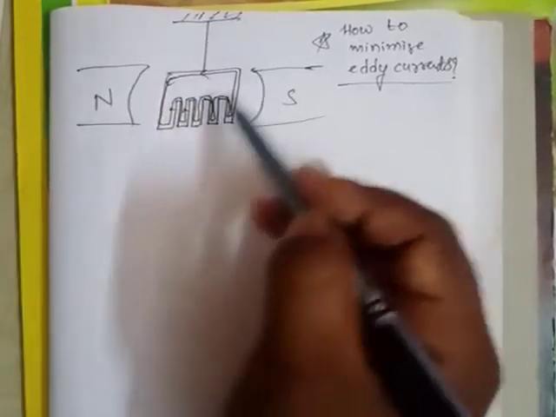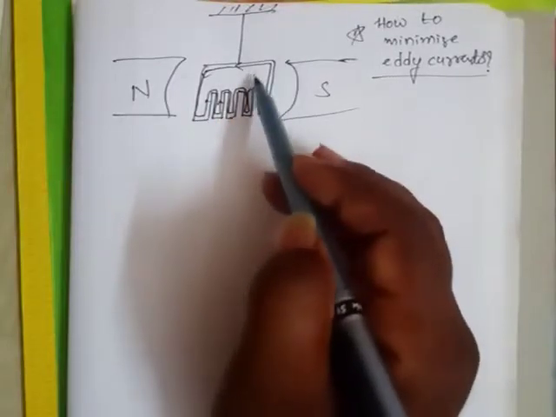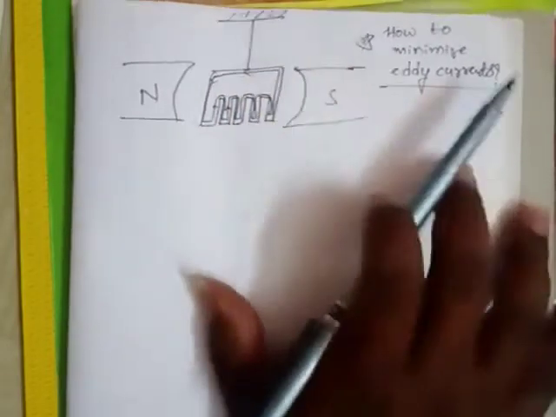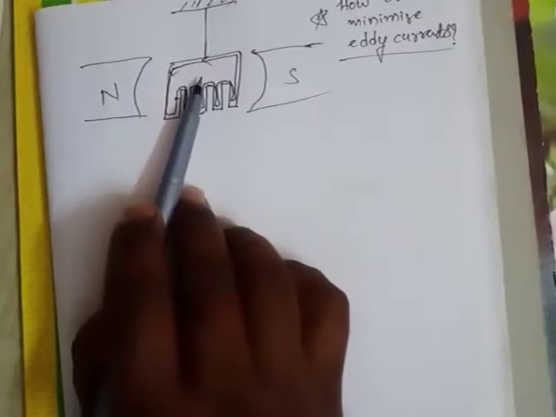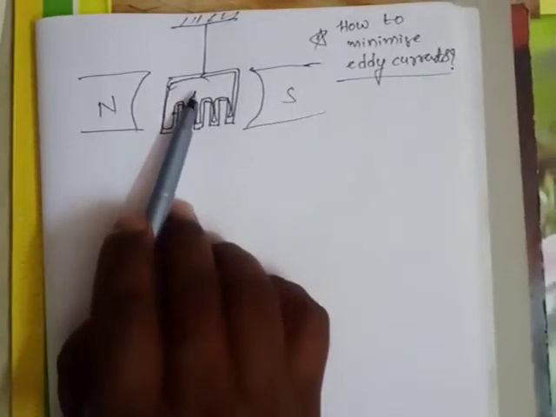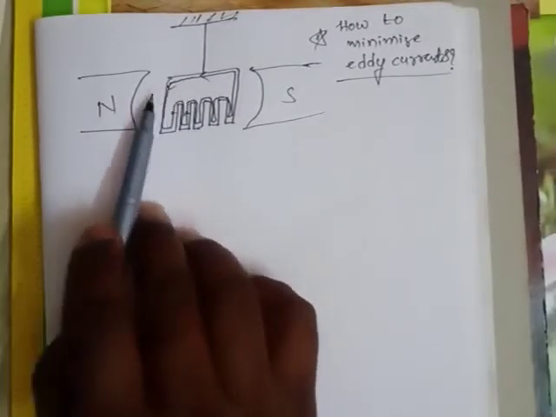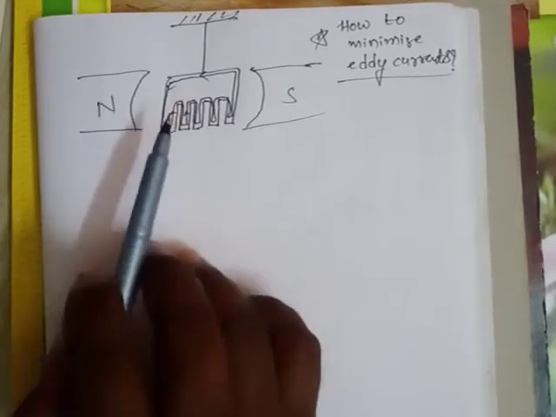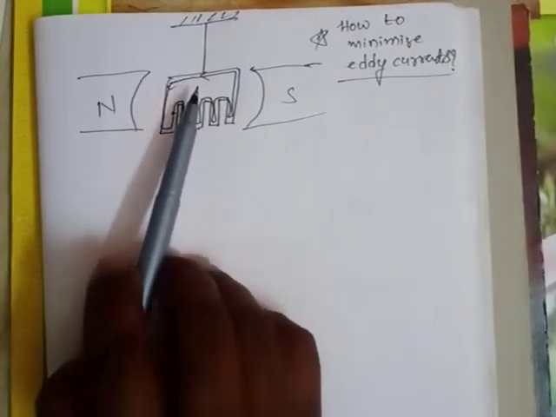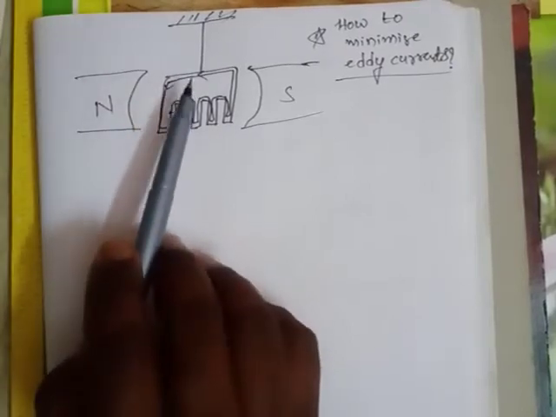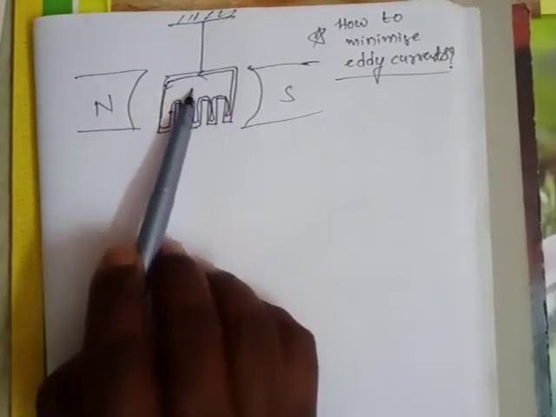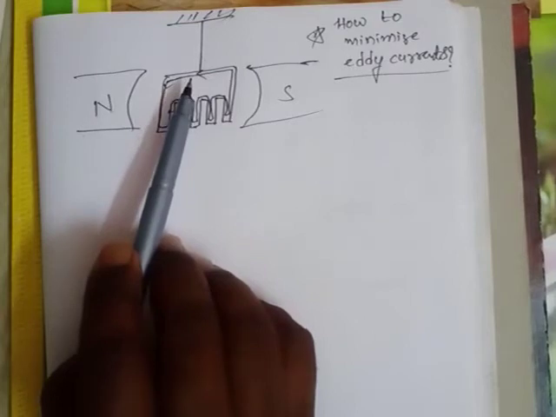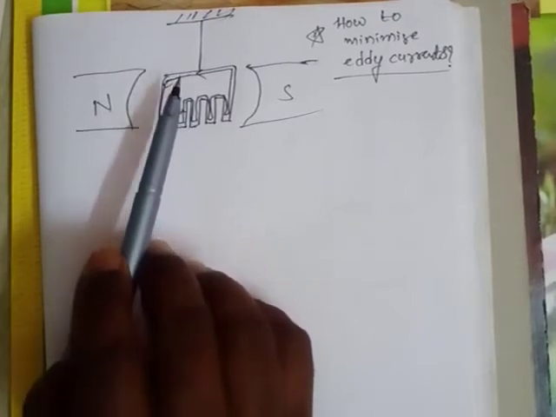Why does it oscillate more freely compared to the previous case? Now we'll see. In the previous case eddy currents were produced, and now also eddy currents are produced due to the change in the magnetic flux linked with it. But if you compare the magnitudes, the eddy currents produced in this case are much less. Why?